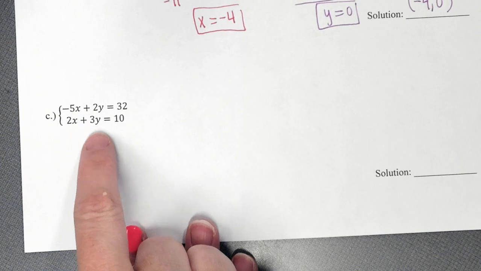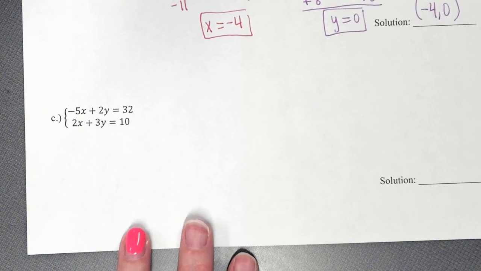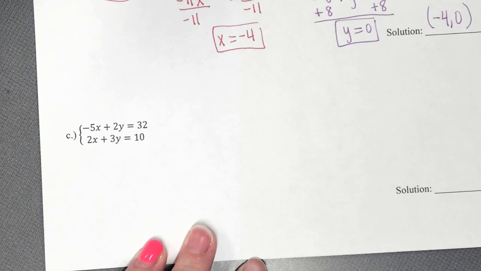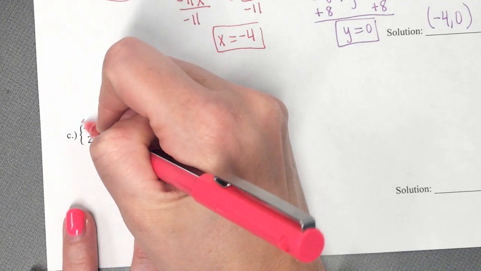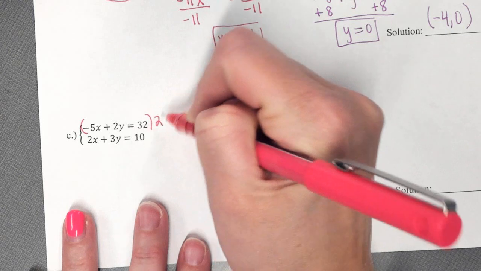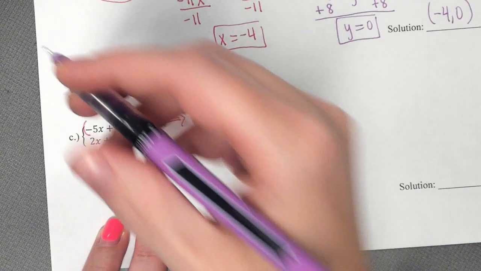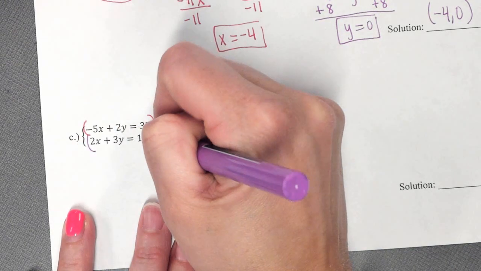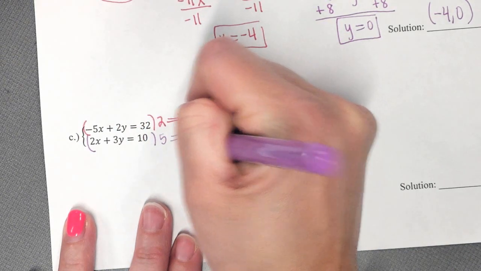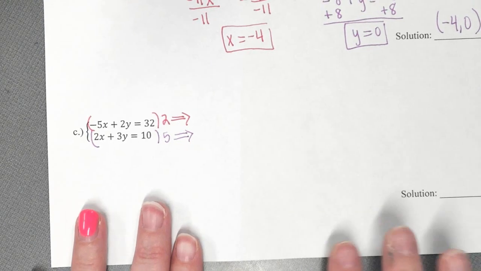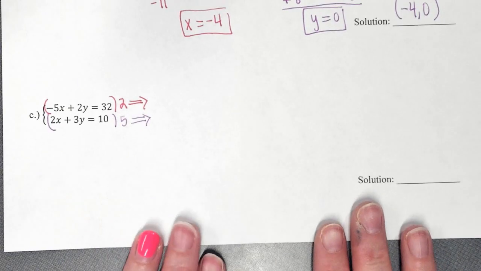Okay, so you could choose either one. Let's do the x's for this. So all you have to do is multiply the top by 2, but the bottom you're going to multiply by +5. So I want you to do those two things, and then let's see if we can get some opposites going. Okay?